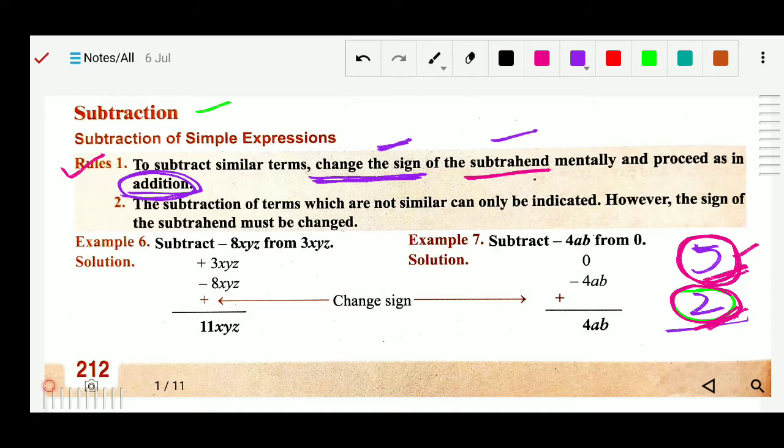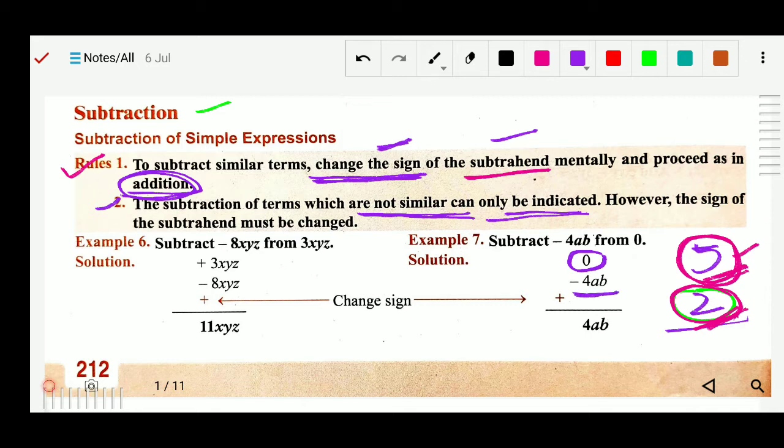Now the second rule: the subtraction of terms which are not similar can only be indicated, however the sign of the subtrahend must be changed. Here you can see there is 0 and we are subtracting minus 4ab.